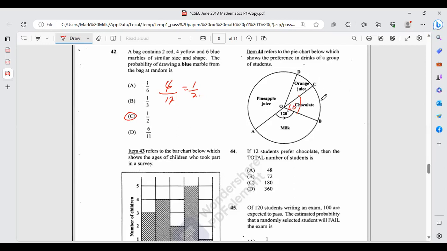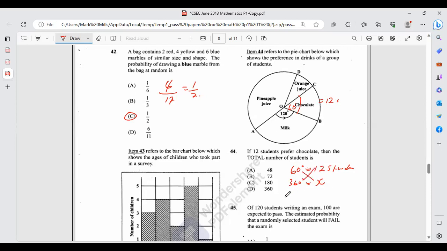So if they say chocolate gives me 12 students, that means 60 degrees will give me 12 students, right? Now, the full circle represents how many degrees? 360. Right, 360 is equal to x. So what will I do next? Cross multiply, right?